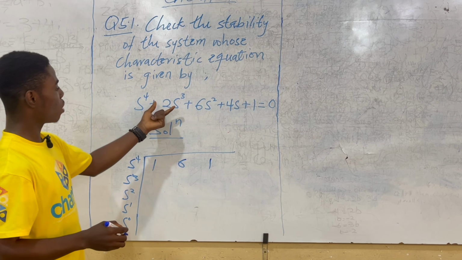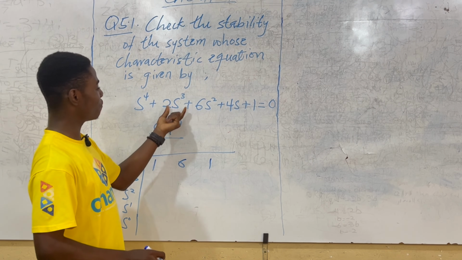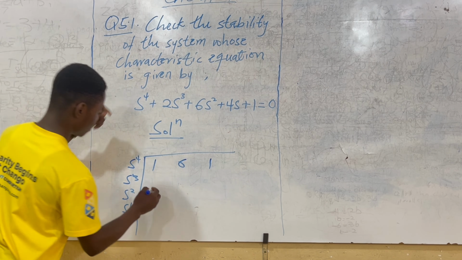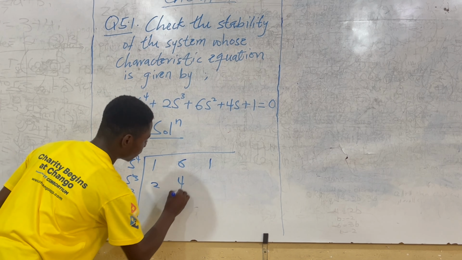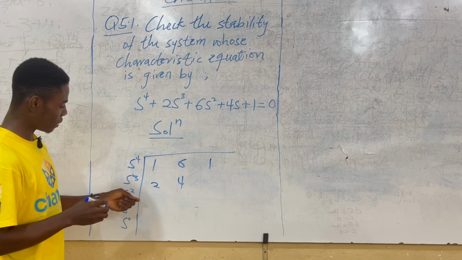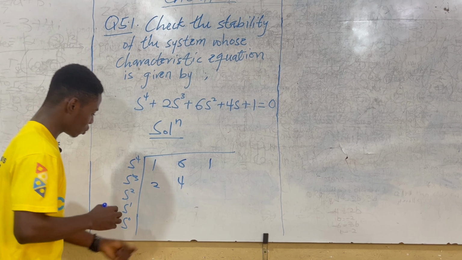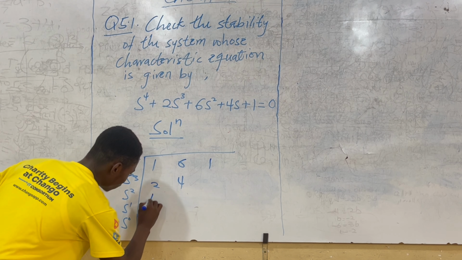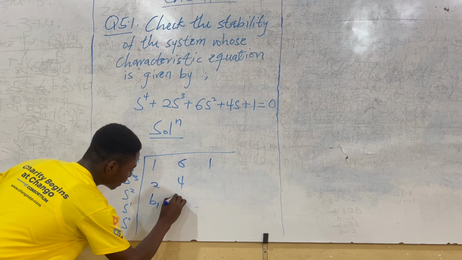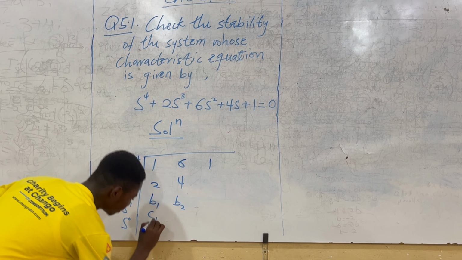Moving on, we are going to fill in the second row with the coefficients of the skipped terms. So that's 2 and 4, that of s cubed and s. We have to fill in to the very last point. So doing that, we have to find some values b1, b2, c1, and d1.